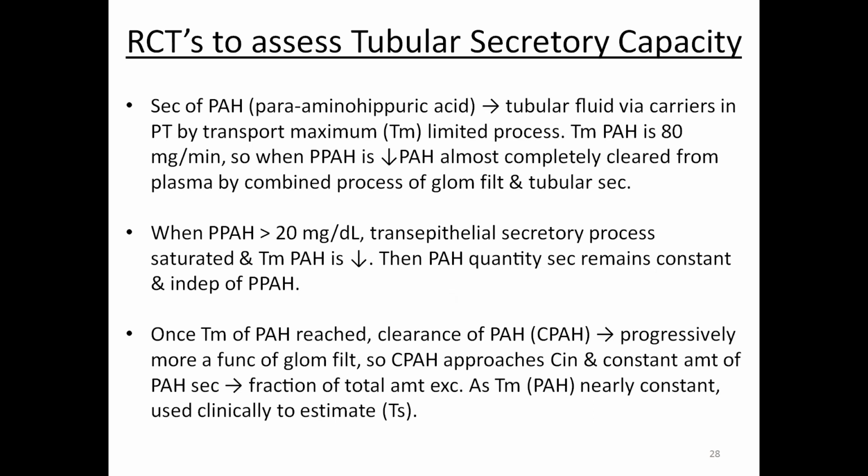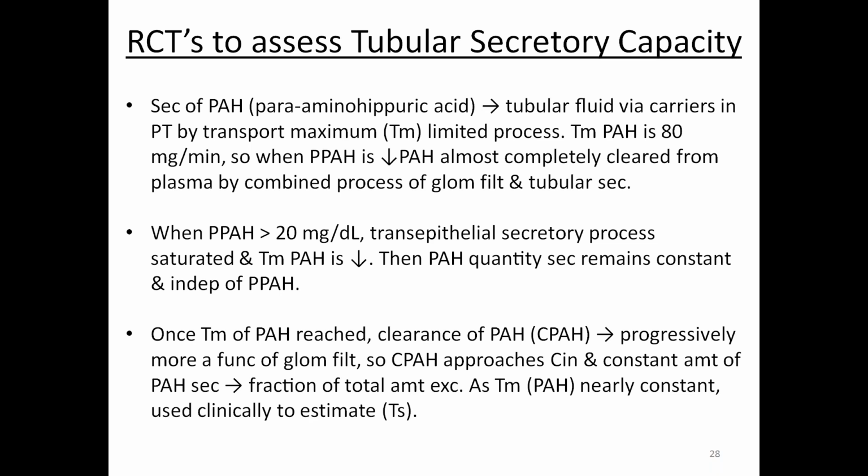Then, as I said, the renal clearance tests are also used to assess tubular secretory capacity. So, secretion of para-amino hippuric acid, PAH. This is secreted into the tubular fluid via carriers in the proximal tubule by a transport maximum, TM, limited process.